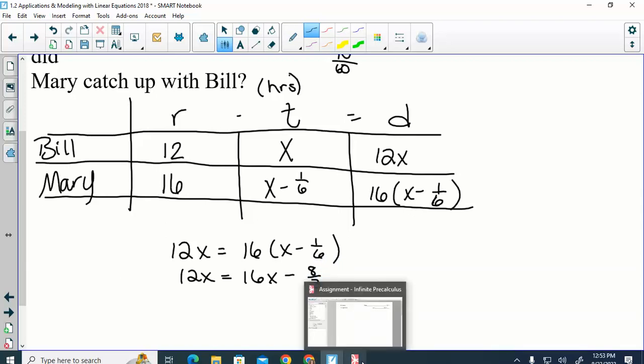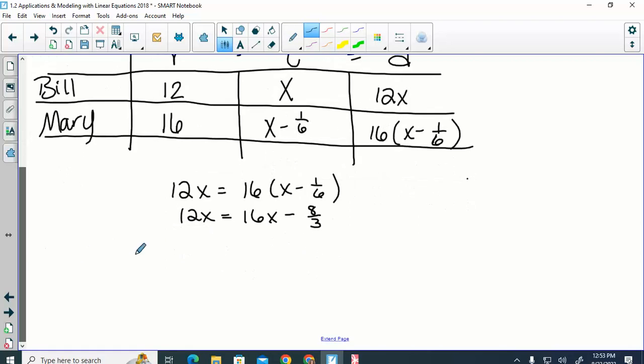You'll notice I try to keep everything in fractions throughout, just because every time you round a number, it will throw off your answer just a little bit. Do you guys know how to do the fractions on these calculators? Math and then fraction. Yep, perfect. Did you guys get 2/3?